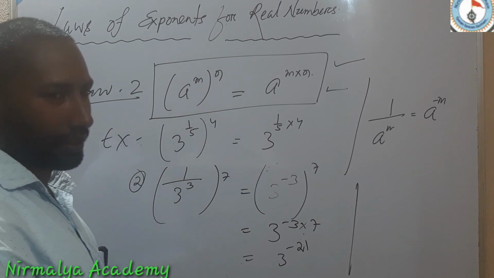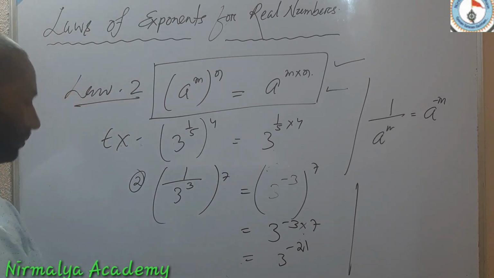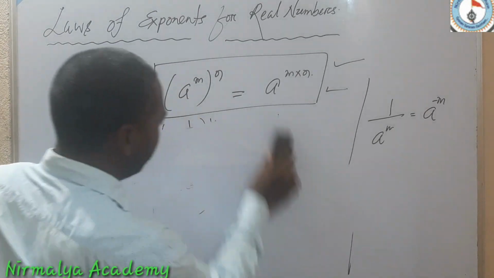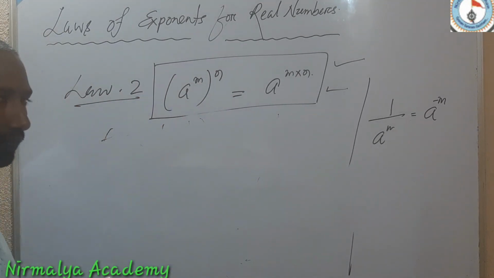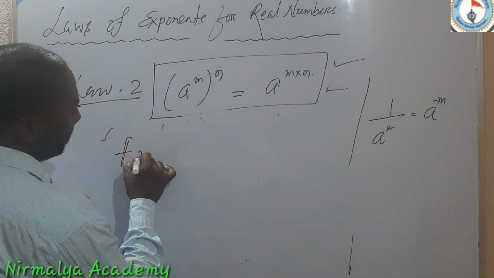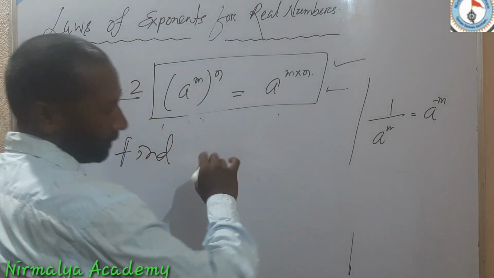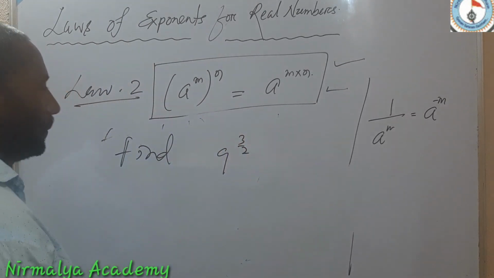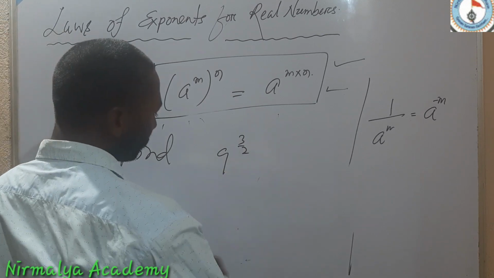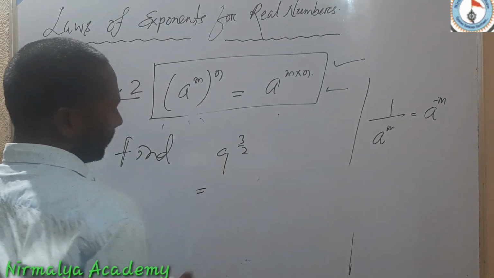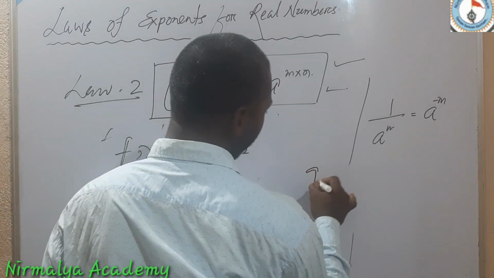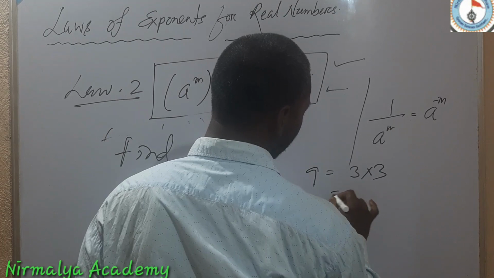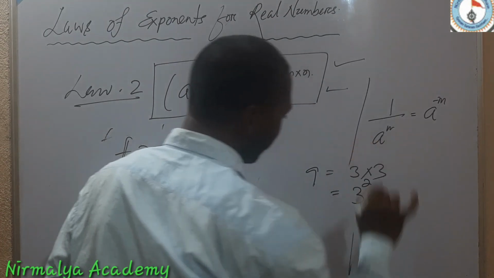Let's take another example. Find the value of 9 to the power 3 by 2. We know that 9 equals 3 into 3, which is 3 to the power 2.